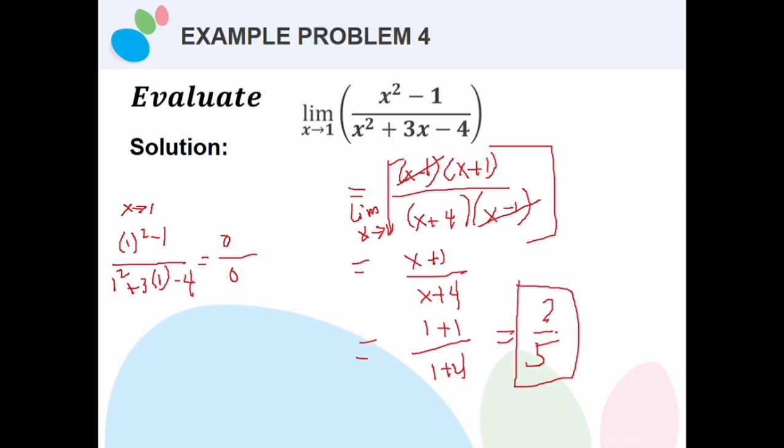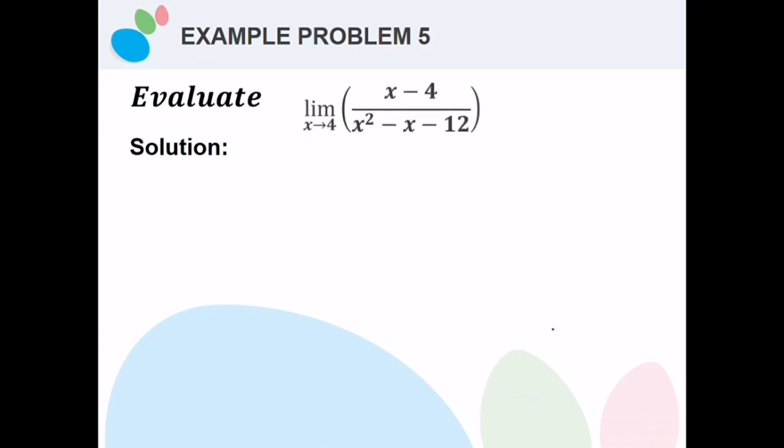Next, we are going to find the limit of x minus 4 divided by x squared minus x minus 12, wherein x approaches positive 4. Let's try again.